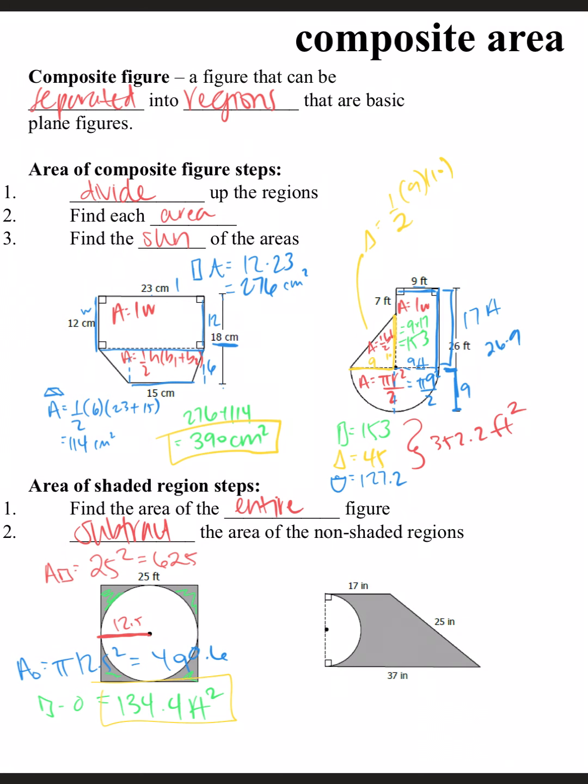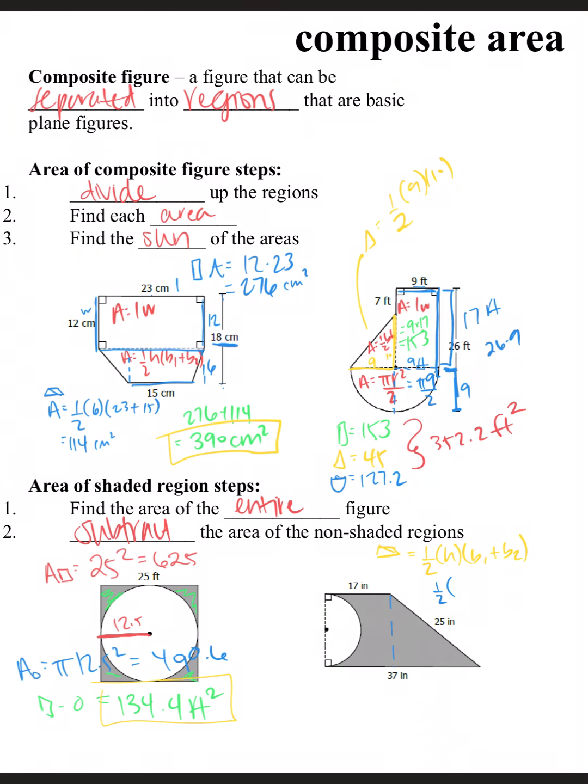Okay, same thing over here. We're going to find the area of the trapezoid, and then we'll find the area of the semicircle. The trapezoid area is 1/2 times height times base 1 plus base 2.